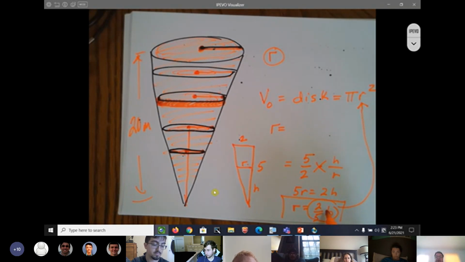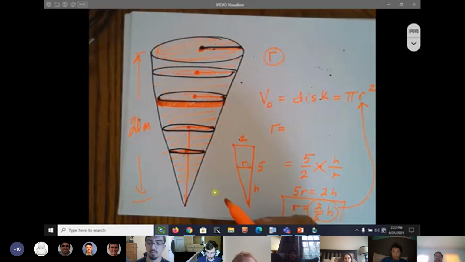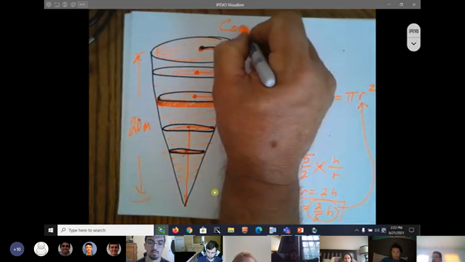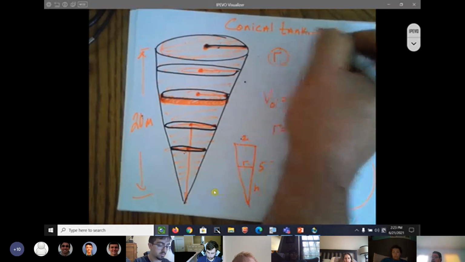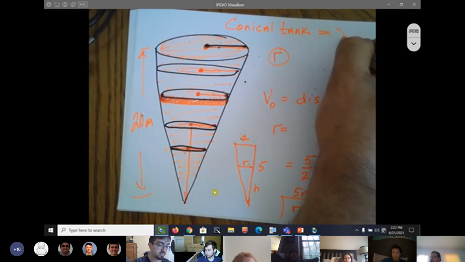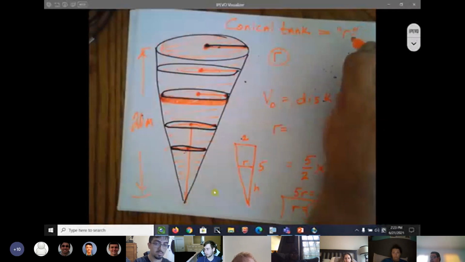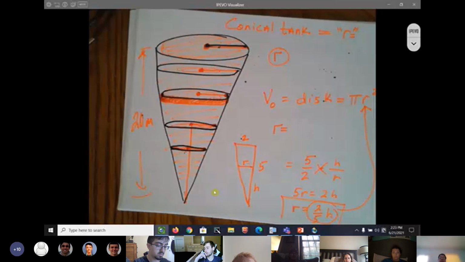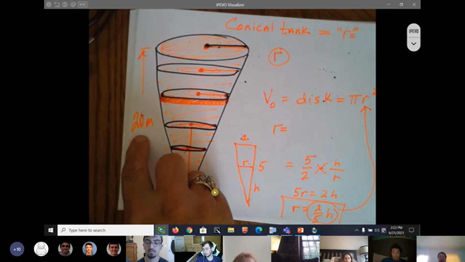Now, is that going to happen every time with a conical tank? Yes. So the conical tank, you know you've got to get R as far as a related rate equal to something. Because the R is changing as you approach your goal of 20 feet or 20 meters or whatever the height of the tank is.